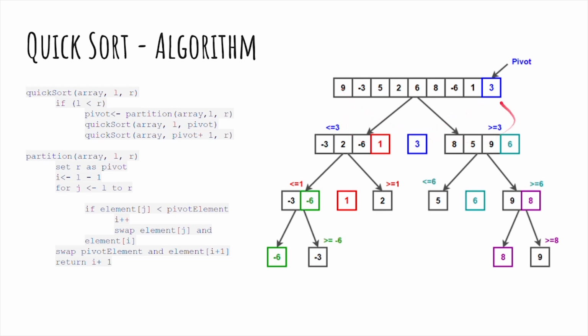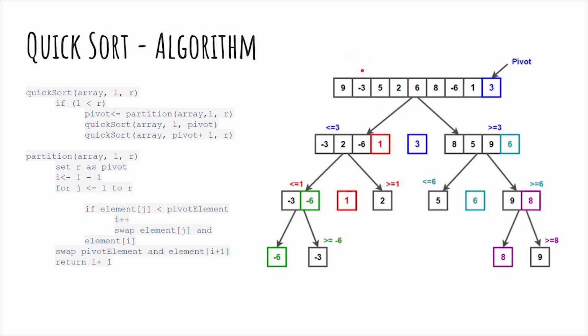If it's greater than pivot then it does nothing as we have no else statement here, but if it's less than pivot, what it does is it increments I, which means that we got an element which is less than pivot, and swaps the element at j with I. For example, if we have j here at 9 and I at this position, and 9 is greater than 3, so nothing will happen and j will increment.